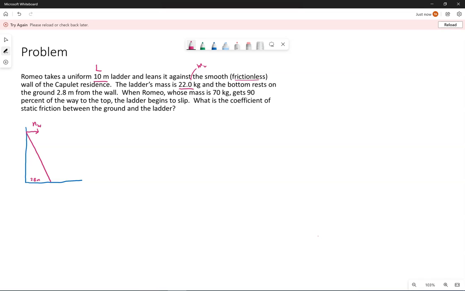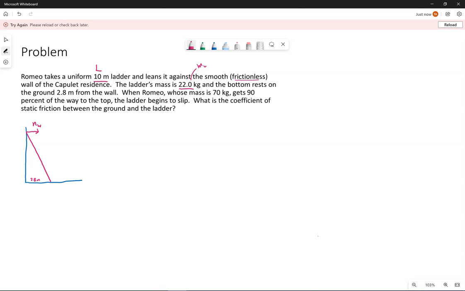Now with equilibrium problems, anytime we're trying to relate anything in equilibrium, we need to draw the free body diagram. Here we're going to draw the free body diagram of the ladder, because that's what Romeo is going to be standing on, that's what he's going to be climbing to get to the window, and that's what the force of friction is acting on.